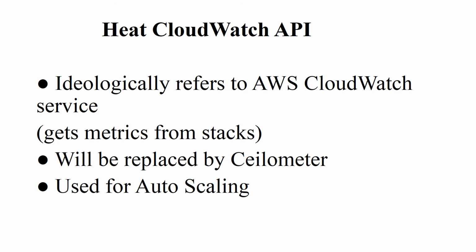Heat CloudWatch API. Ideologically, it refers to the AWS CloudWatch service, which gets the metrics from stacks. And the Heat CloudWatch API will be replaced by Ceilometer, and this is used for auto scaling.